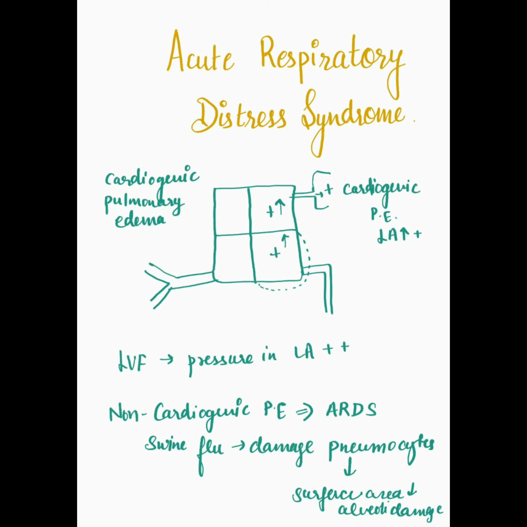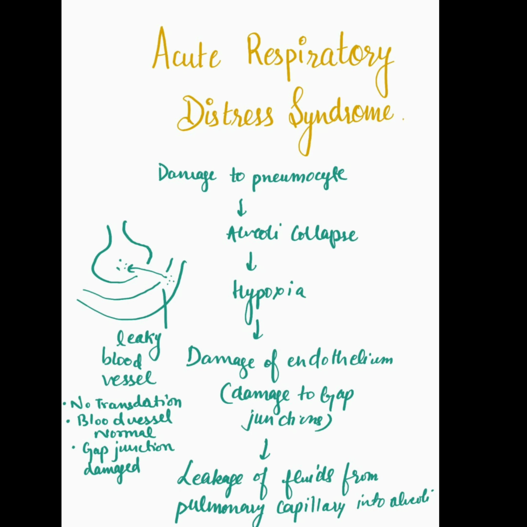In non-cardiogenic pulmonary edema, which is also called ARDS, the ARDS occurs secondary to swine flu or bird flu, because the swine flu and bird flu viruses ultimately damage the pneumocytes, which leads to a decrease in surface area. Damage to pneumocytes means alveoli will collapse and there will be hypoxia.